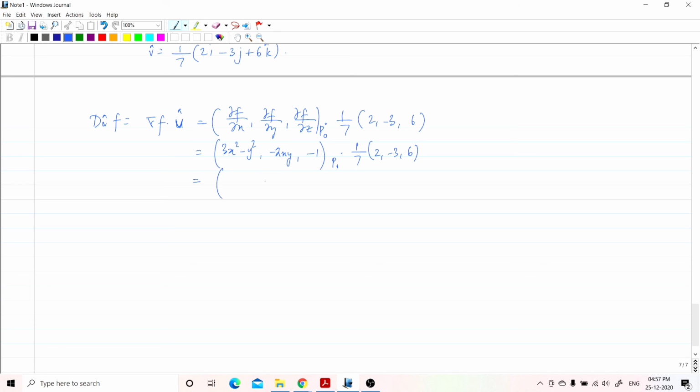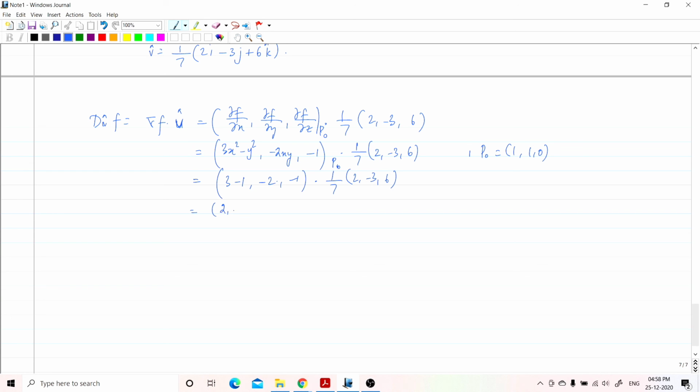What is your p naught? It is (1, 1, 0). Let me write here, p naught is (1, 1, 0). If we substitute these points, it is going to be (3 minus 1, minus 2, minus 1) multiplied with 1 upon 7 (2, minus 3, 6).